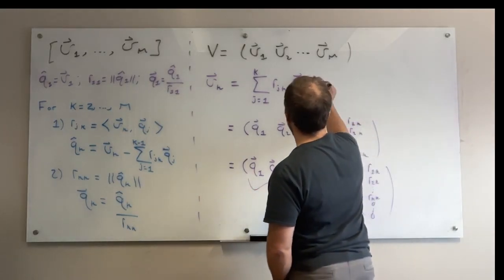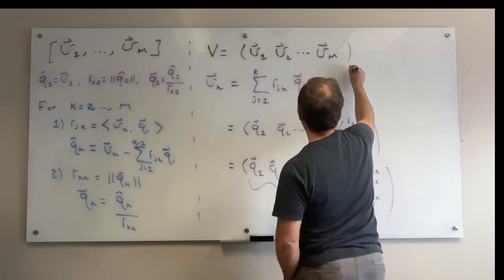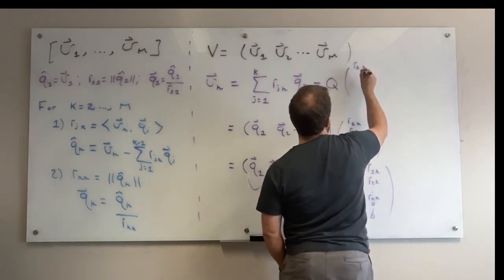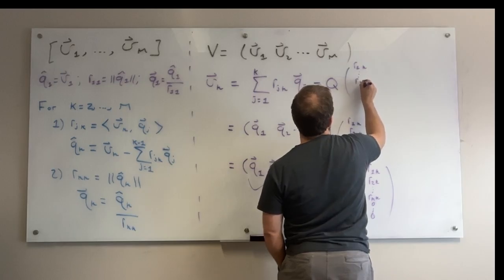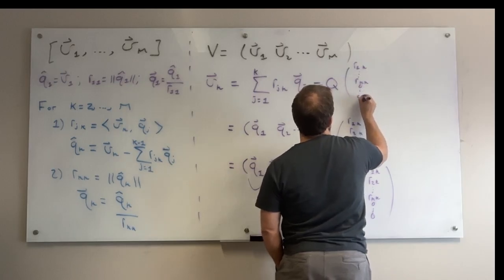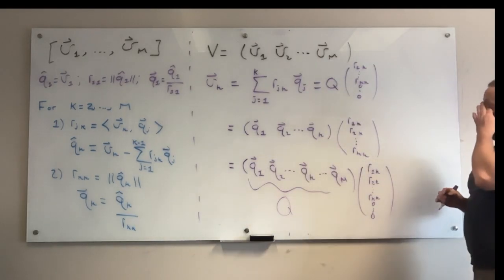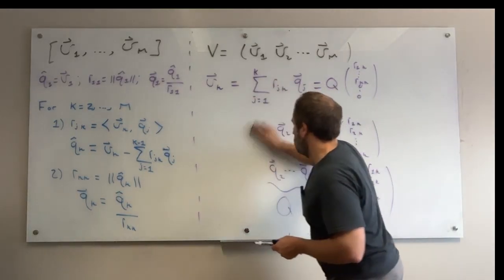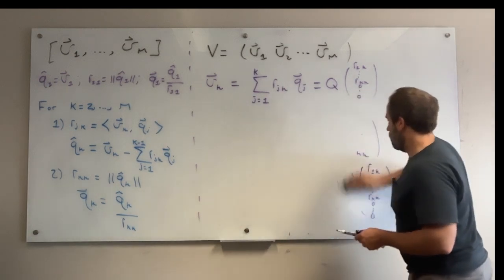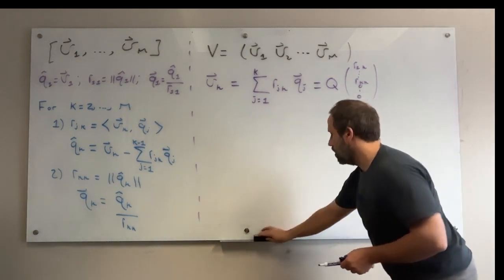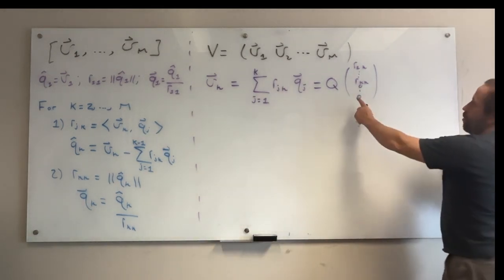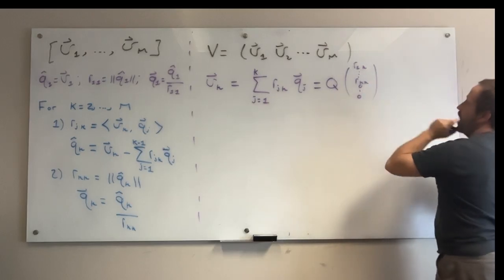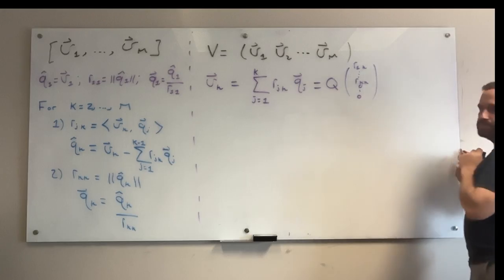So then we can write this as Q times the vector r1k down to rkk, and zeros everywhere else. Now this is vk, so for every k, I'm going to have one of these different vectors.